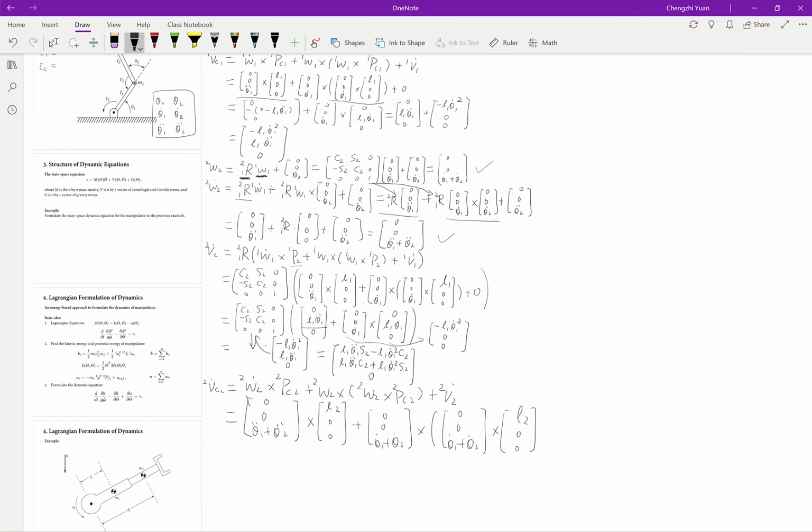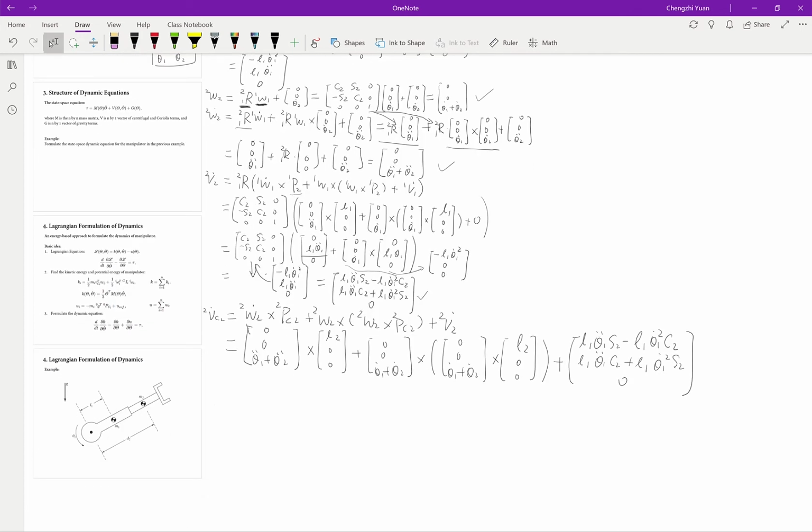And then plus V22 dot, which is this guy here: L1 theta 1 double dot S2 minus L1 theta 1 dot square C2, and L1 theta 1 double dot C2 plus L1 theta 1 dot square S2, 0.